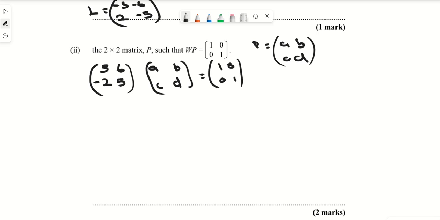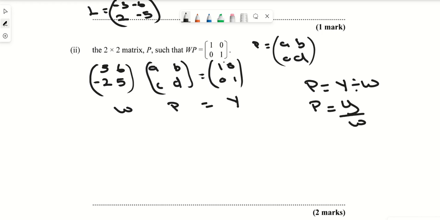Now, in matrices, there's nothing like divide. Usually what we would do is, let's just say this is WP and this is equal to Y. We would make P the subject, and say P is equal to Y divided by W. But because matrices do not have division, we put it in the form Y over W, and then we split it up.